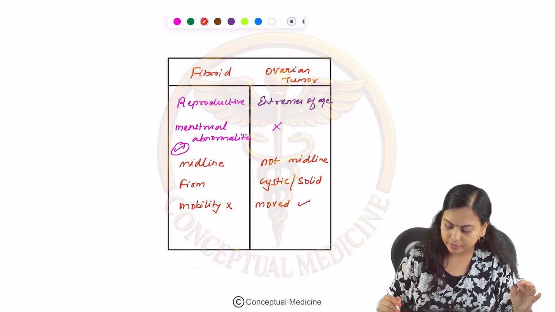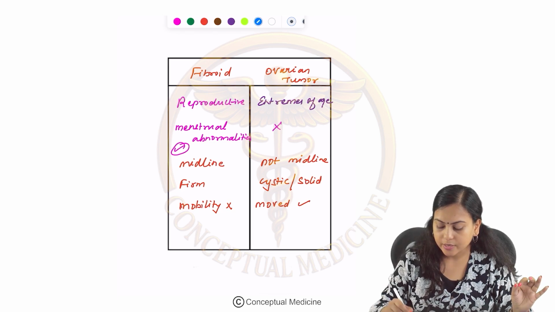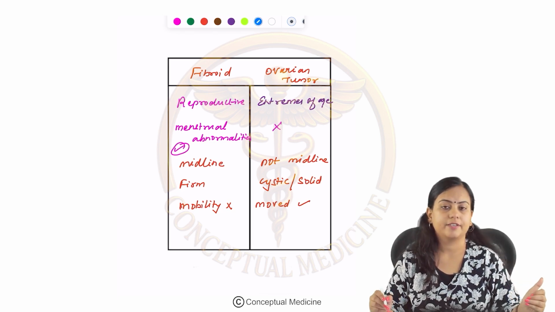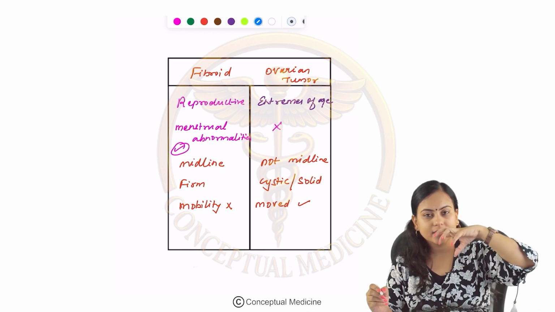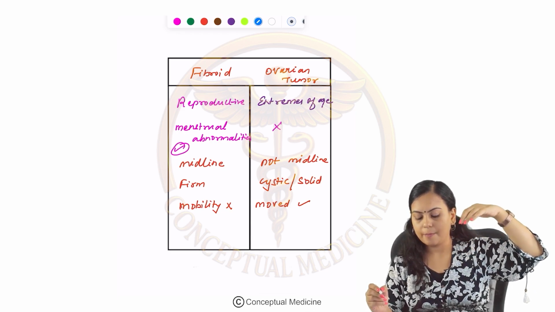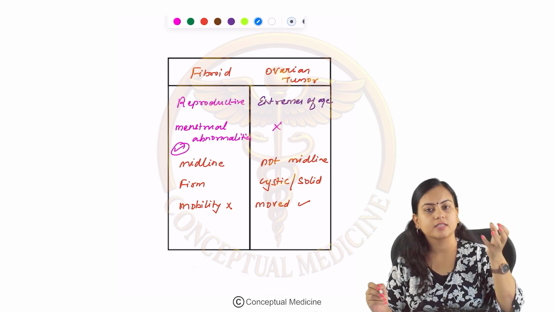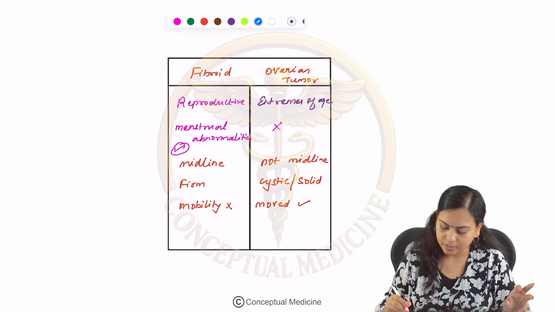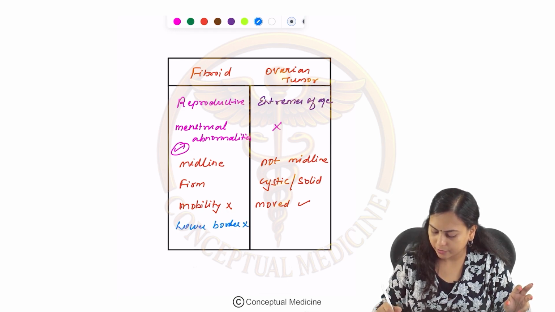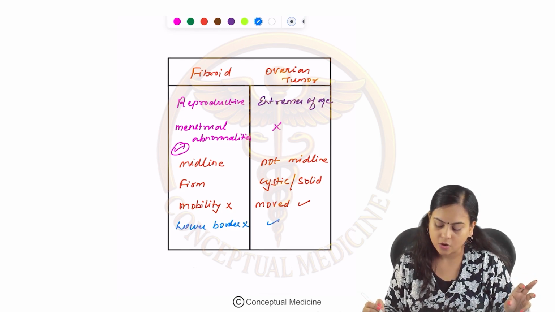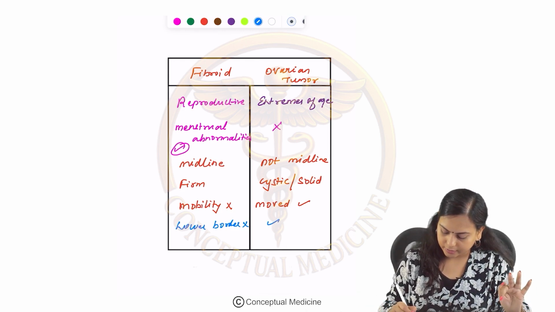And the next point is, I already told you, in case of fibroid, the lower border will not be felt. Okay, you won't be able to make out the lower border because it will be arising just like that from the uterus. Okay, but in case of ovarian tumor, yes, you will be able to make out the lower border. So, lower border is not made out in case of fibroid, whereas it can be made out in case of ovarian tumor. Then, I spoke about groove sign.